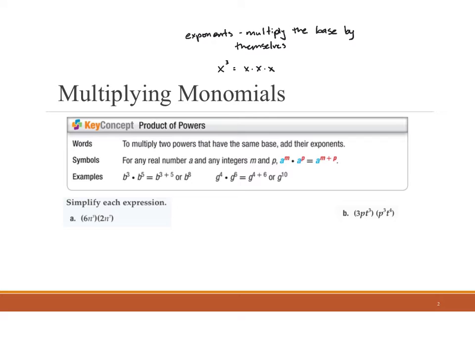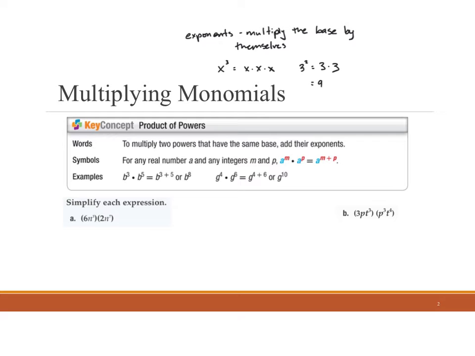The cube, the 3, means that's how many times the base is being multiplied by itself. Same thing with numbers. If I have 3 squared, that means I have 3 times 3, which in this case would be 9. So throughout this entire PowerPoint, keep that in mind. If you have an exponent, that means you are multiplying the base by itself that many times.